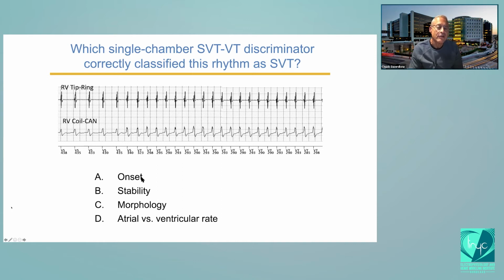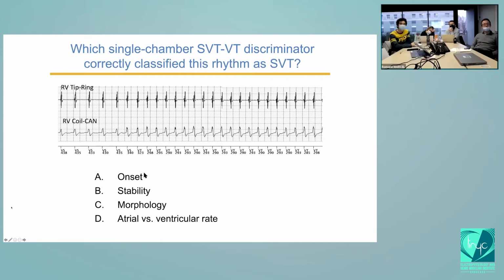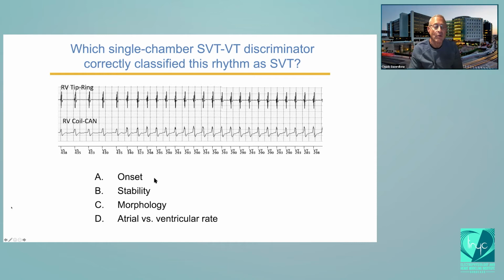If onset is sudden, how does the onset criterion classify the rhythm? It's not a good classifier. It classifies gradual as sinus tach and abrupt as VT, so onset would get this wrong. What about stability, which means interval regularity? Would that classify it correctly or incorrectly?